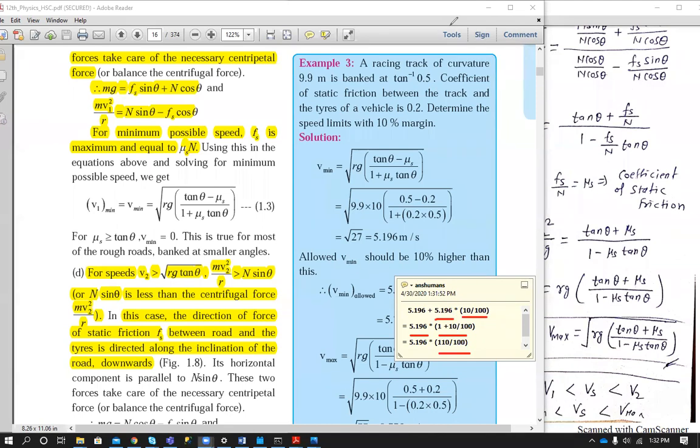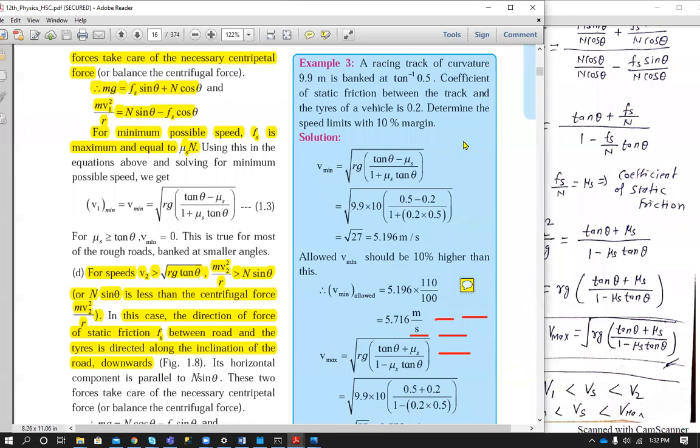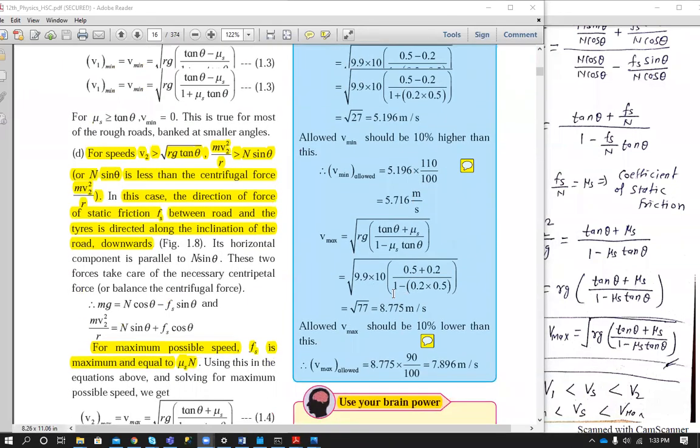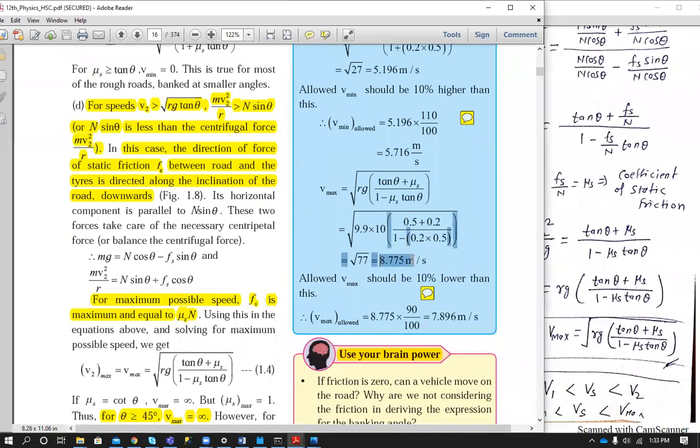In case of V maximum, we will subtract 10%, so it is 10% lower. You get V maximum as 8.775. For 10% lower, you multiply with 90 by 100. How does it come?